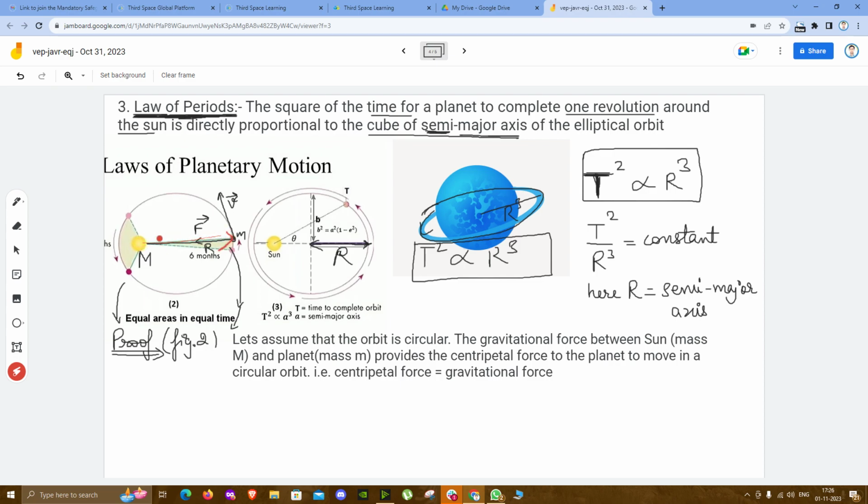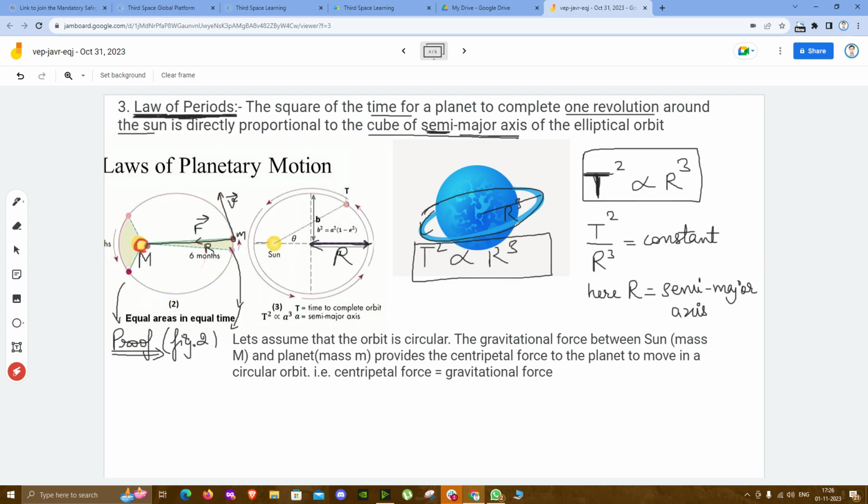The forces are equal and opposite, so gravitational forces are working on each other, but the sun's mass is very high, so this small Earth planet is revolving around the sun. It's just like a person having a string attached to a stone and revolving it around.